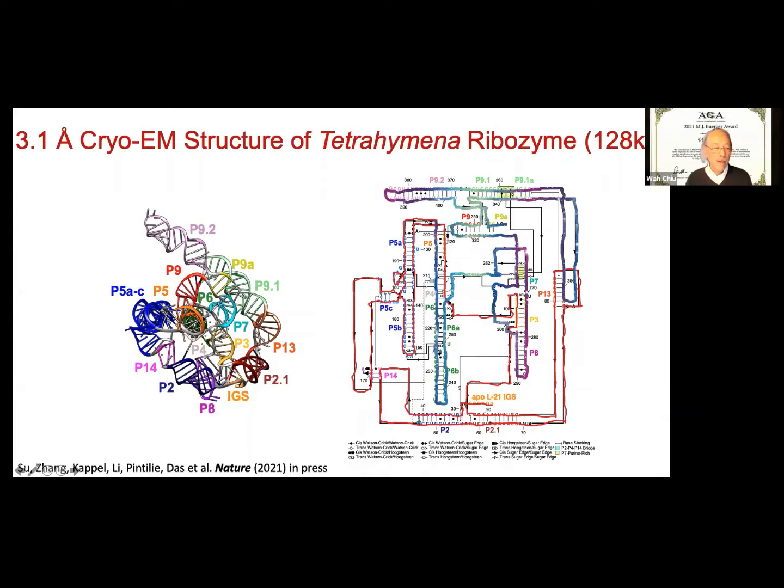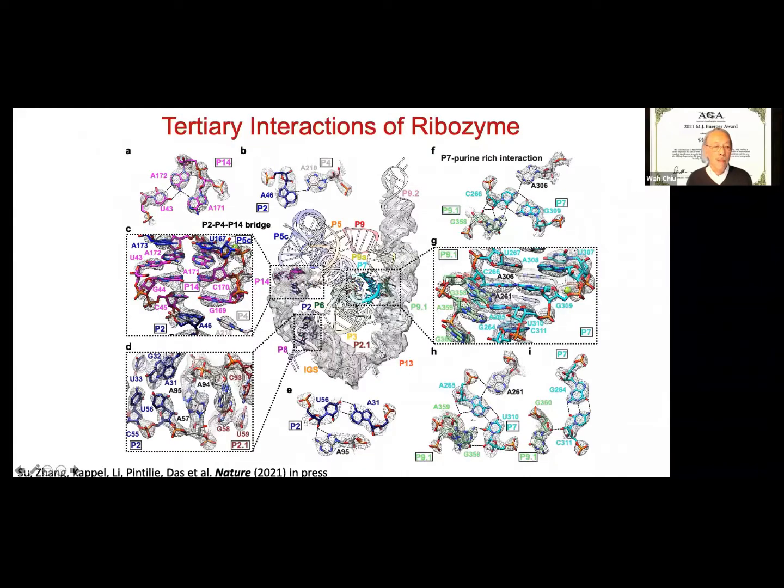In the next slide, I'm going to show you the detailed features you can see in the density map. In the middle is the density map superimposed with the model. The regions shaded with density are the ones that have no previous known structural information whatsoever. The middle part, which has the model, has different crystal structures that were solved with small fragments, either mutated RNA pieces or abbreviated ones.